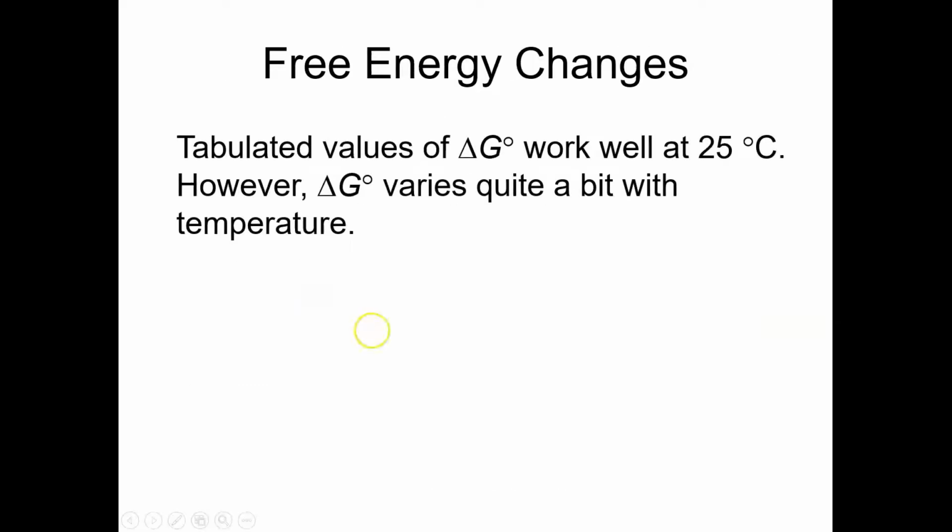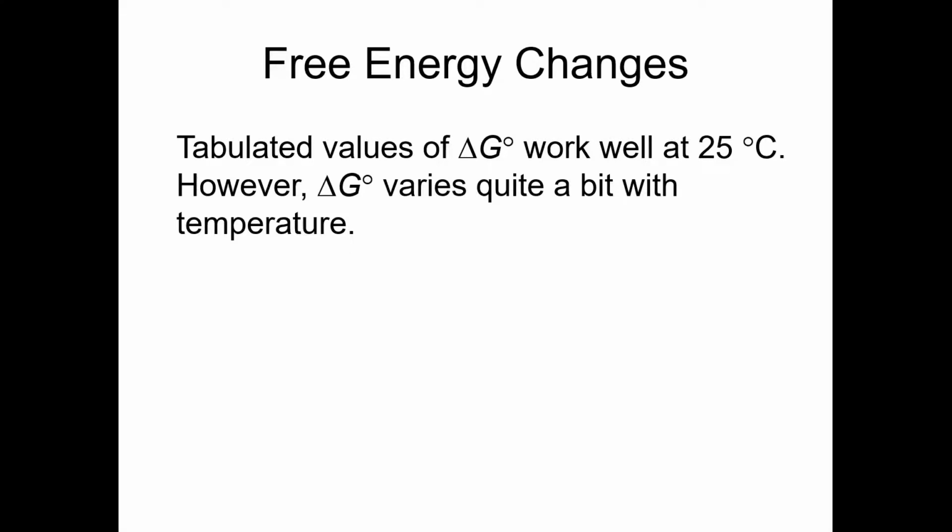These tabulated values of delta G work well at 25 degrees Celsius, but delta G varies quite a bit with temperature. You can think about this in terms of the conversation we had previously about the fact that for some processes, spontaneity is temperature dependent.